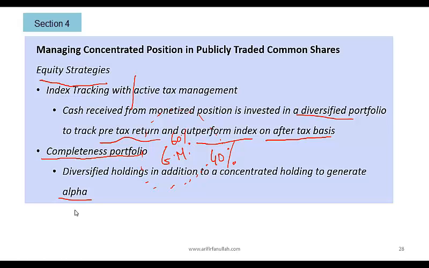Okay? So there is one concentrated risk, and to diversify the risk, you buy technically an uncorrelated portfolio, which means that the diversification benefits come through.